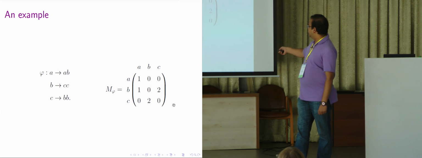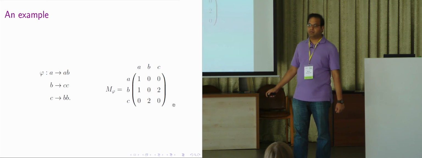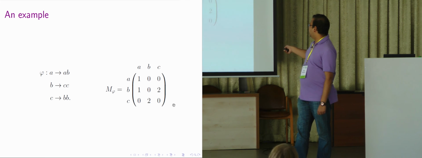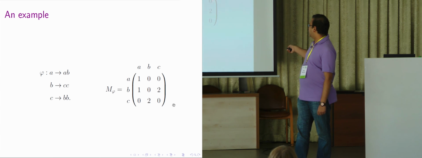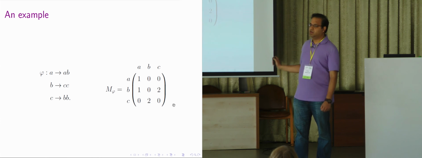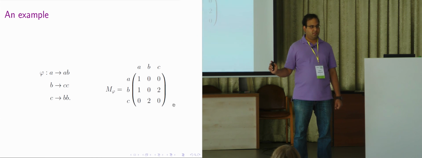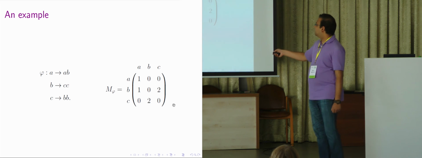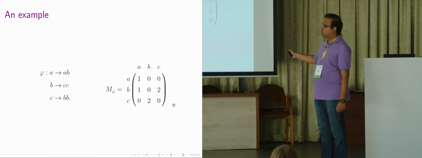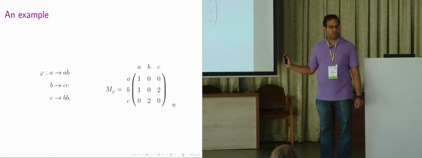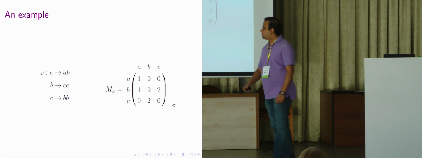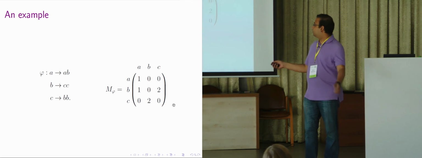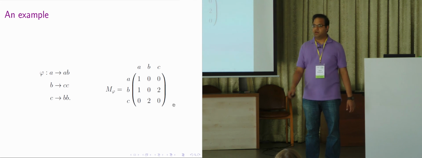In the first column, we count the number of occurrences of A, B, and C in the image of A. In the second column, we count the number of occurrences of A, B, and C in the image of B. And in the third column, we count the number of occurrences of A, B, and C in the image of C. You can see in the image of A we have 1 A, 1 B, and 0 C's, and so on. For any morphism from an alphabet into itself, we can make this matrix.